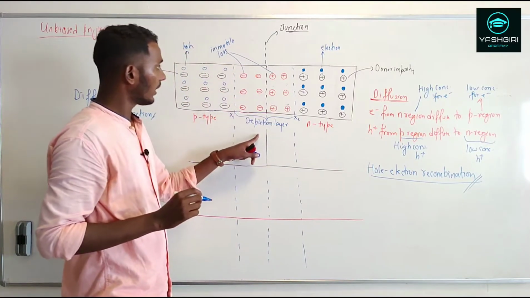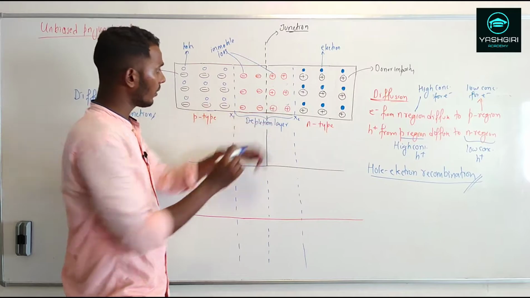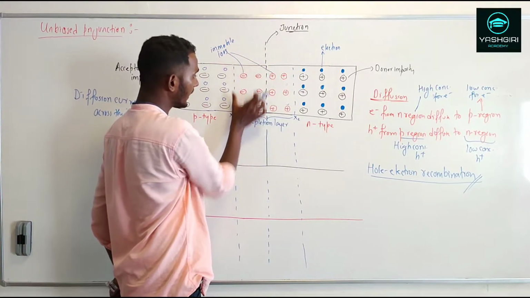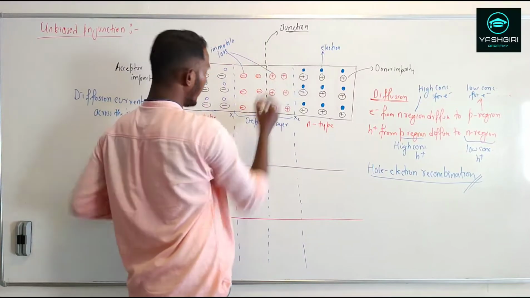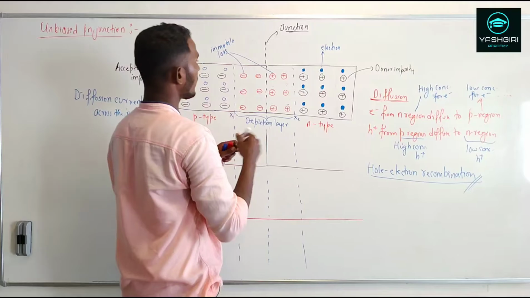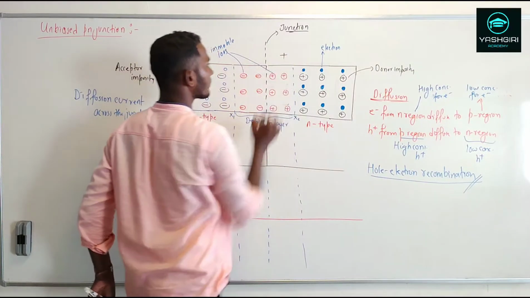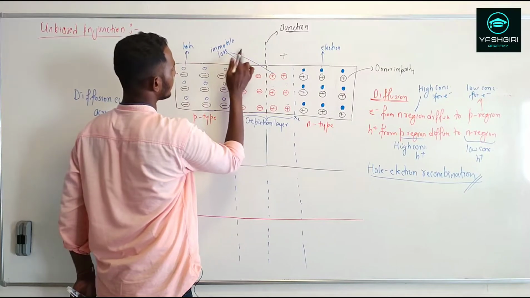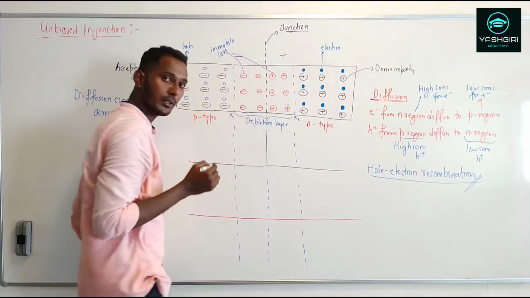All right. Now on the right side of this junction, I see there are positively charged ions and negatively charged ions. So here a positive polarity is formed, and this side is at a lower potential, negative.